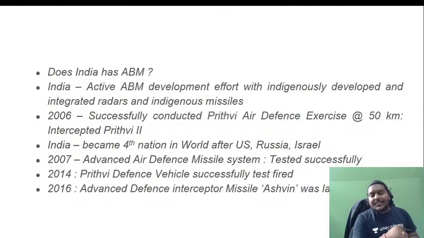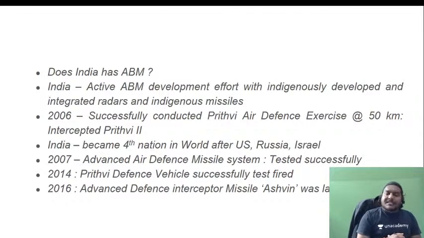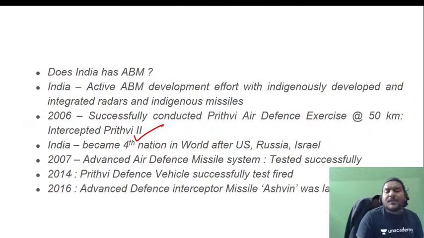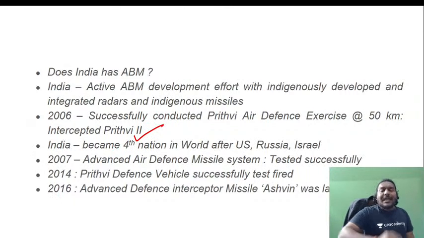In 2006, India successfully conducted the Prithvi air defense exercise, and we were able to successfully intercept the Prithvi 2, which clearly shows that we have developed anti-ballistic missile technology, and perhaps India is the fourth nation in the world after the US, Russia and Israel to have this.